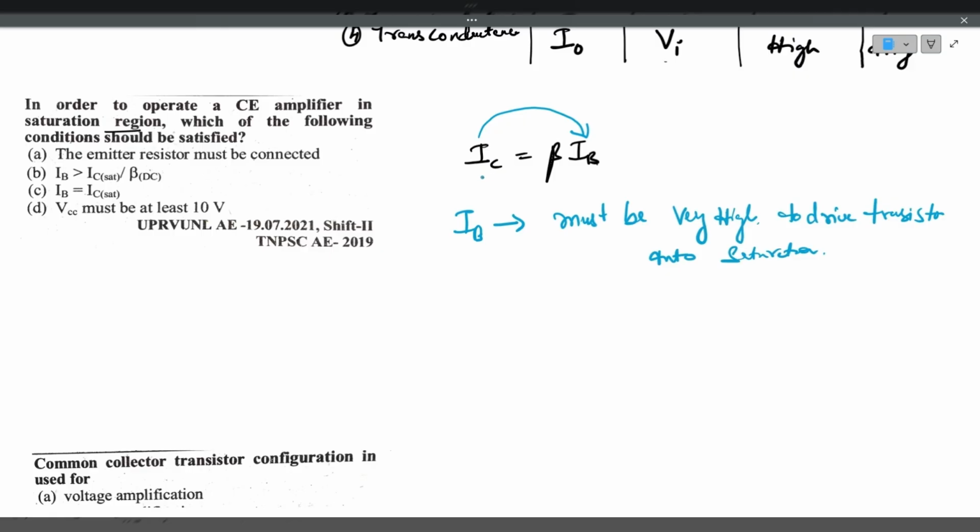Once the IC enters saturation region, IC becomes IC sat, equal to beta into IB. So IB must be very, very high. IB must be greater than IC sat divided by beta. So the answer is option B.